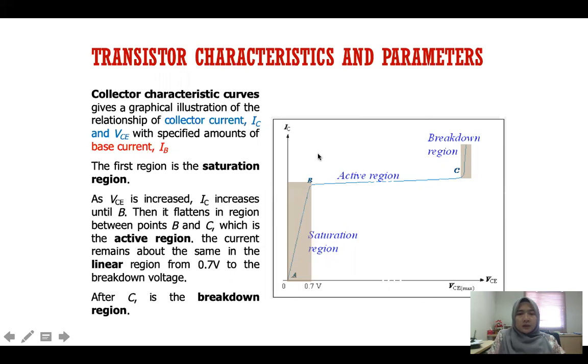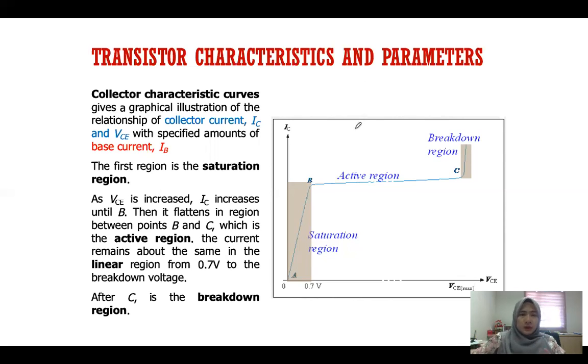Look at the figure here, this is the collector characteristic curve, IC with respect to VCE. It shows a graphical illustration of the relationship of collector current and VCE with a specified amount of base current.